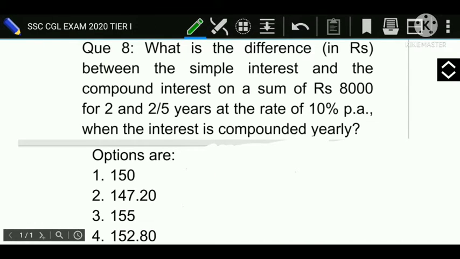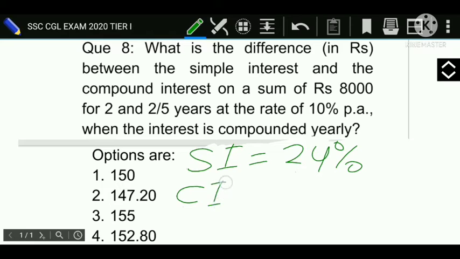Here SI will be 10% plus 10%, 20%, plus 2 by 5 of 10, 24%. Correct? Same way, compound interest: for the first year end 10%, for the second year end 10% plus 10% plus 10% of 10%, 11%.